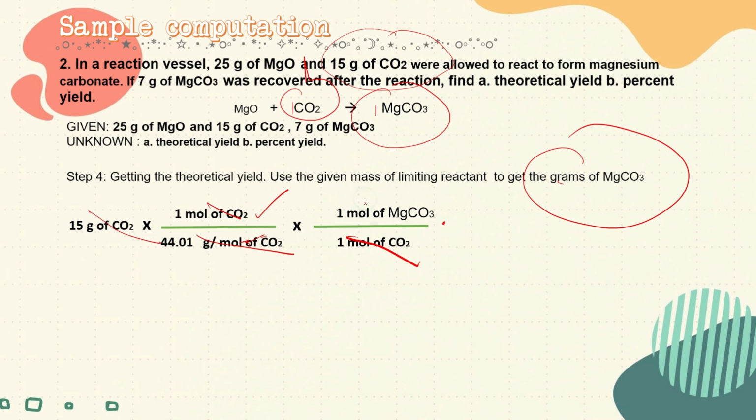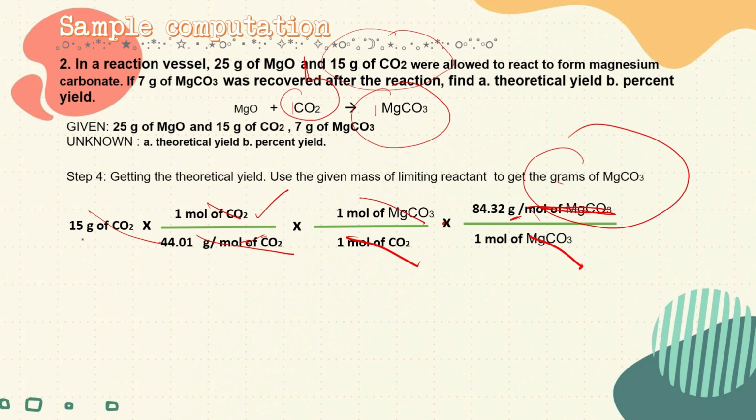To cancel out the mole, gagamit tayo ng molar mass. In 1 mole of magnesium carbonate, meron tayong 84.32 gram per mole. This is the molar mass. Cancel out natin yung magnesium carbonate. Saka tayo mag-proceed sa ating mathematical operation.